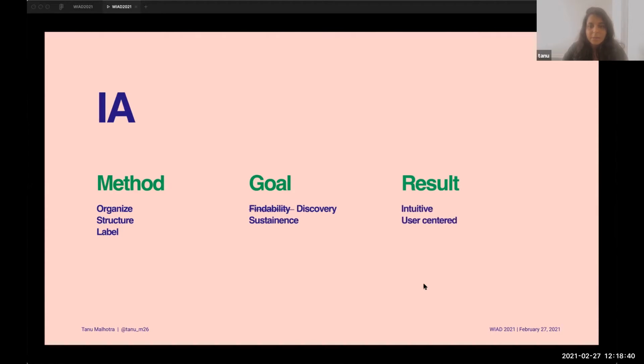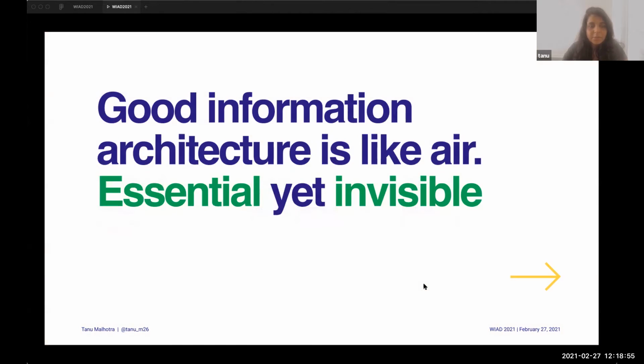As a result, we consider that the information architecture pertaining to a product is successful when it is intuitive enough to use and more user-centered. For me, good information architecture is like air. It is very essential, but it is invisible.